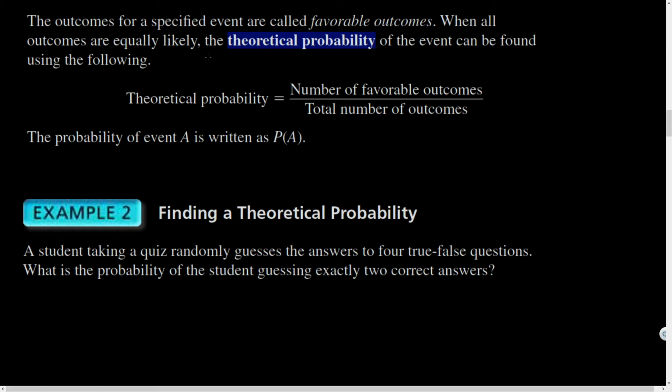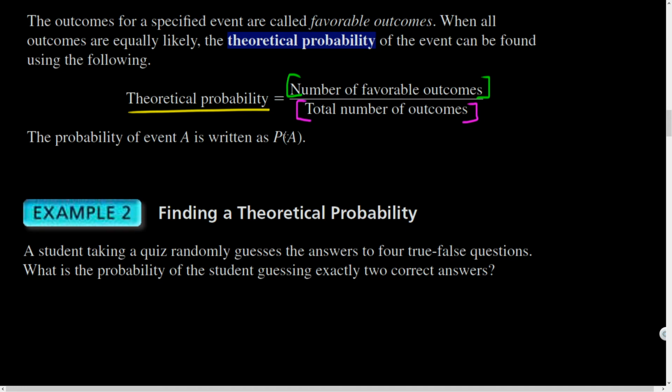When all the outcomes are equally likely, then the theoretical probability of the event can be found using the following: the number of favorable outcomes, which I'm going to use green for, divided by the total number of outcomes. Notice the denominator is not the number of unfavorable outcomes. No, it's the total number of outcomes. And that will be our theoretical probability.